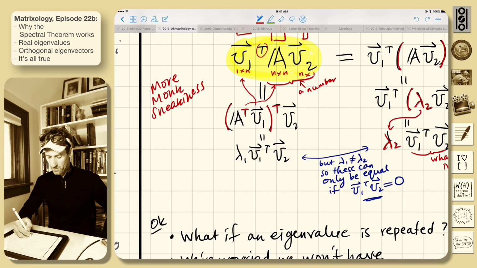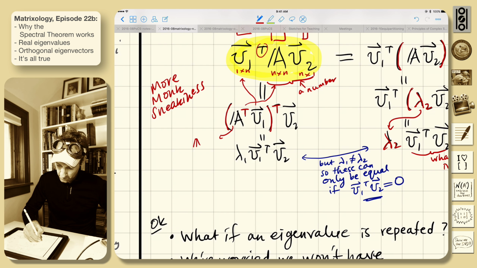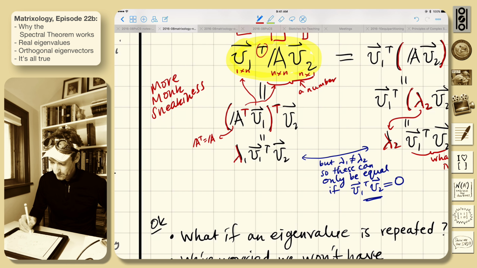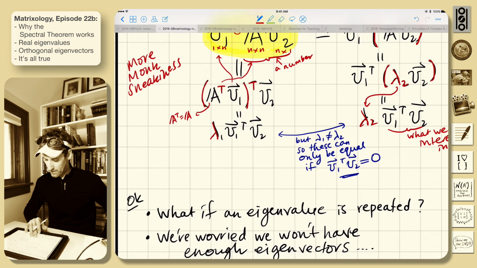Now, A transpose equals A. And then A times V1 is just lambda 1 times V1. So we end up with lambda 1, and we have this same blob, V1 transpose V2.